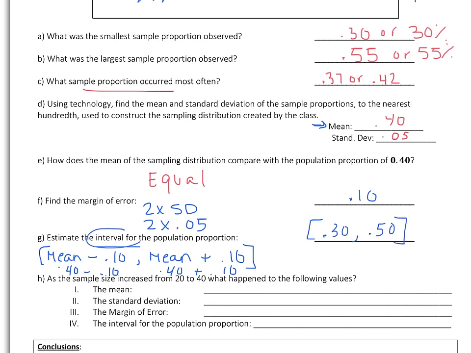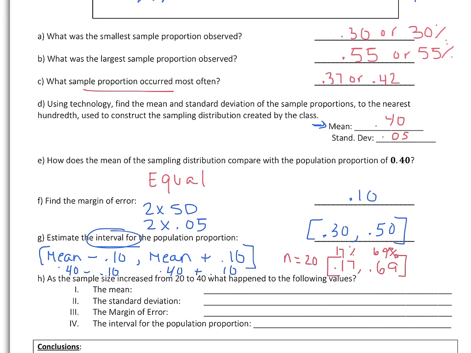So look what's happening to the interval. On the previous page, when I took a sample size of 20, so when n was equal to 20, your population proportion was 0.17 to 0.69, so about 17% to 69%.